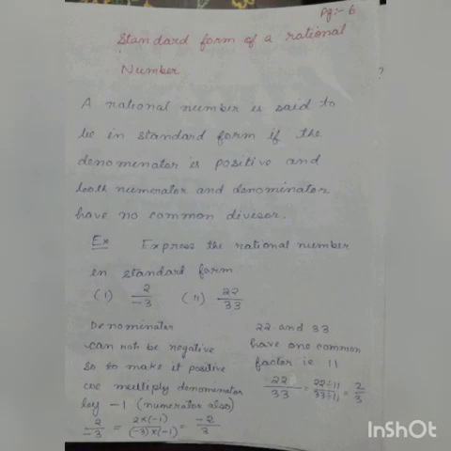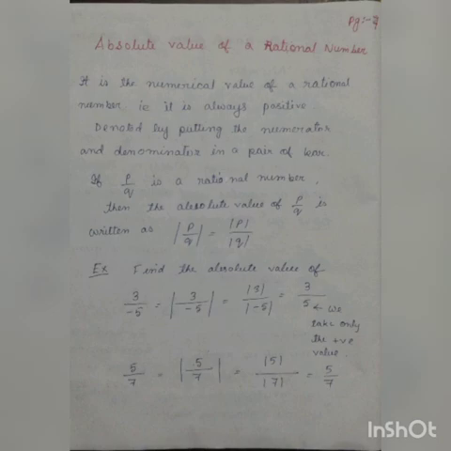Absolute value of a rational number. It is the numerical value of a rational number, that is, it always has a positive value. It is denoted by putting the numerator and denominator, or the whole rational number, inside a pair of bars.